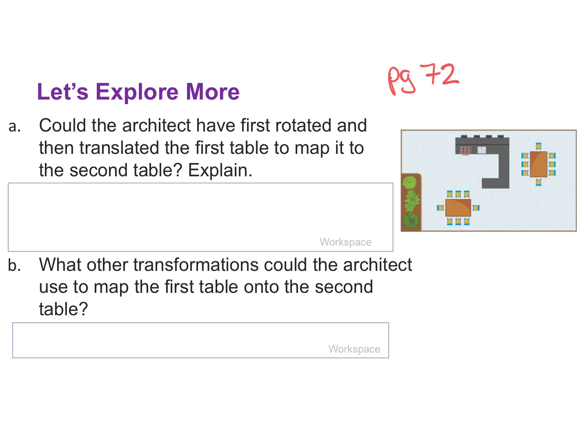All right, so could the architect have first rotated and then translated? That answer is yes. So on page 72, let's write this down.